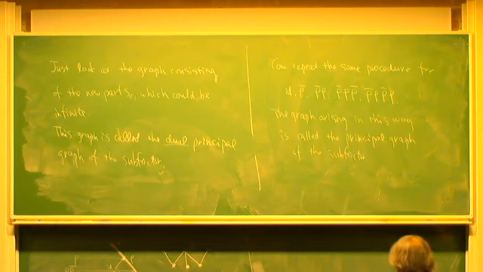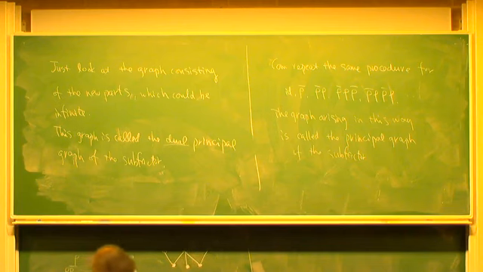So we have two graphs. Actually, if one of the two graphs is finite, then the other is also automatically finite.